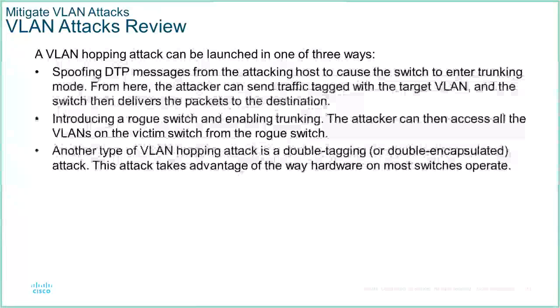Introducing a switch that is not authorized with trunking enabled, we could possibly implement new VLANs into the network, and because it's trunking, they can see all the traffic for the other VLANs being brought down the trunk, and they could set up their own catchers and collect information that way.